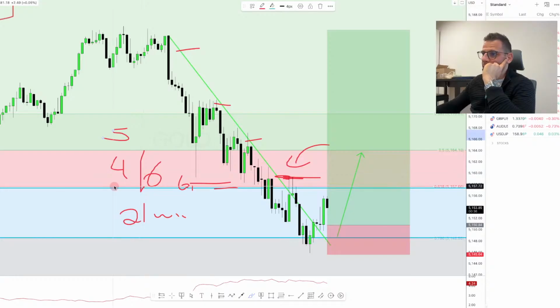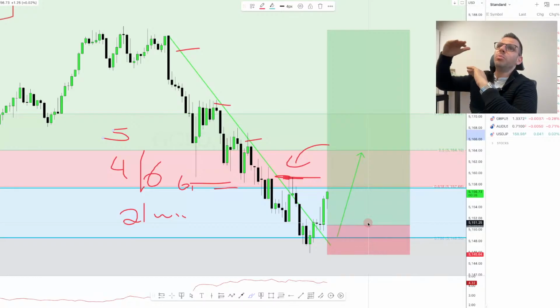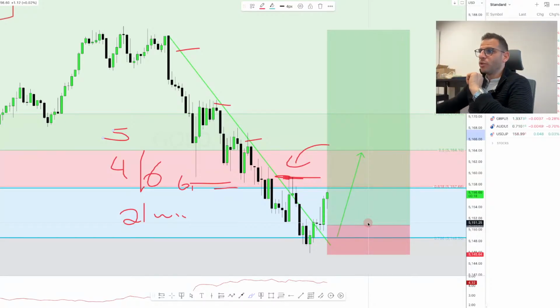So when you trade this type of market structure, where you try to buy the potential beginning of the uptrend, listen to my words, the potential beginning of the uptrend, you're going to get it right sometimes, and you're going to make large reward to risk trades.